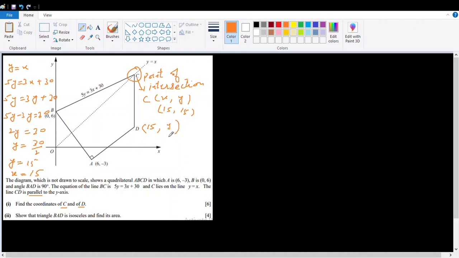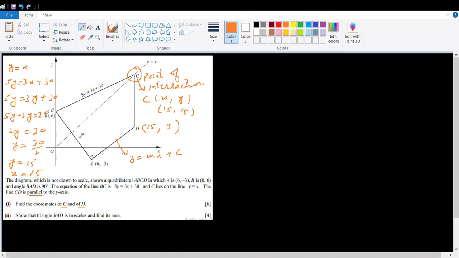For the y coordinate, we will first get the equation of either AD or CD, but for CD's equation, we can't do anything. If we work with the AD equation, say y = mx + c, we can work with this equation.